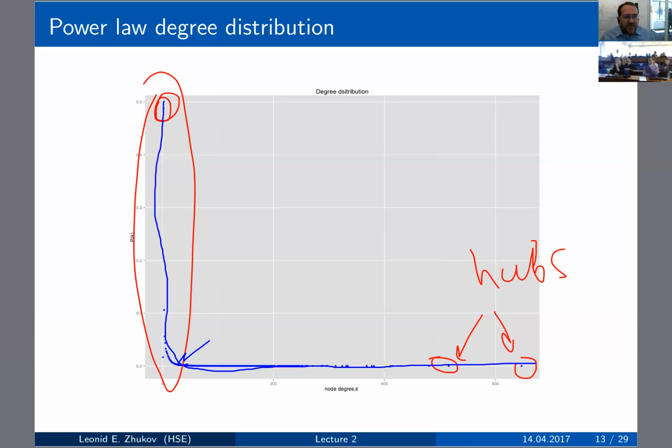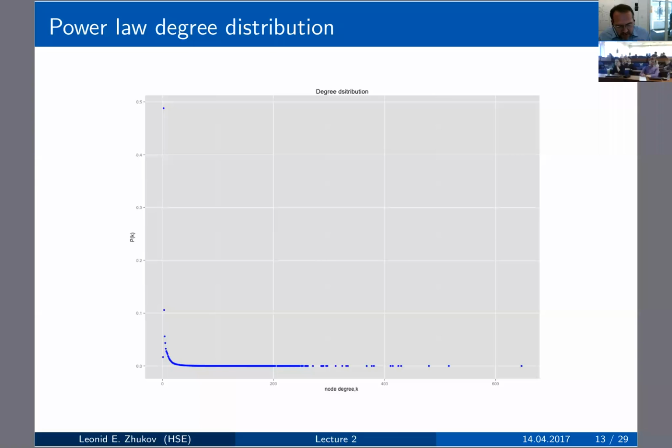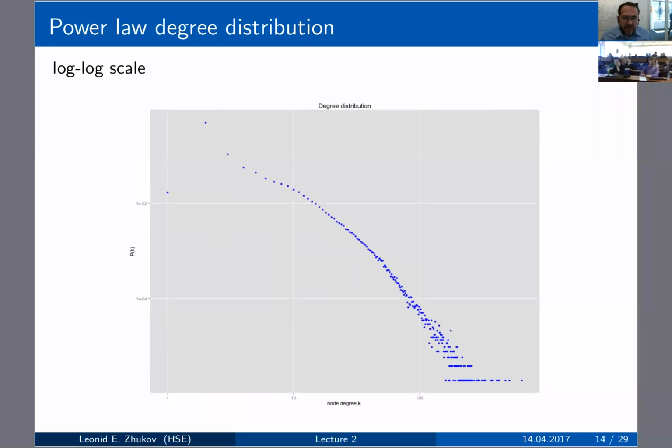Now, for this type of graphs, the way to look at it is in a log-log scale. The idea is to take the logarithm of the x value and the logarithm of the y value. Now, when you do this for this particular type of data, what you're going to see is the following.